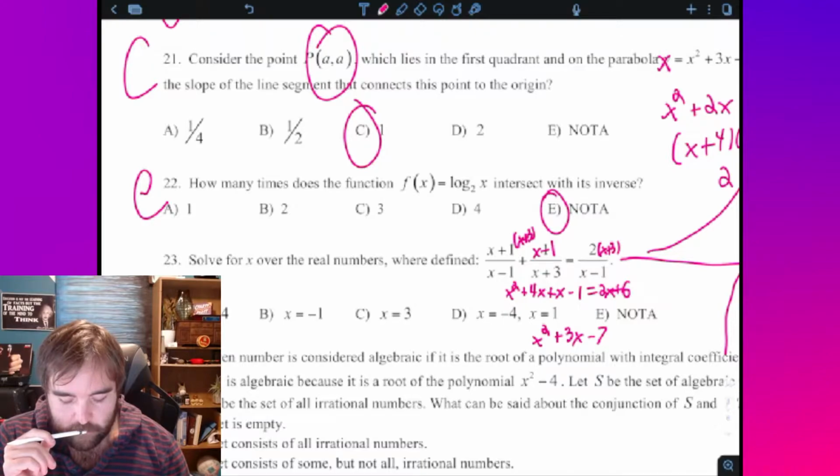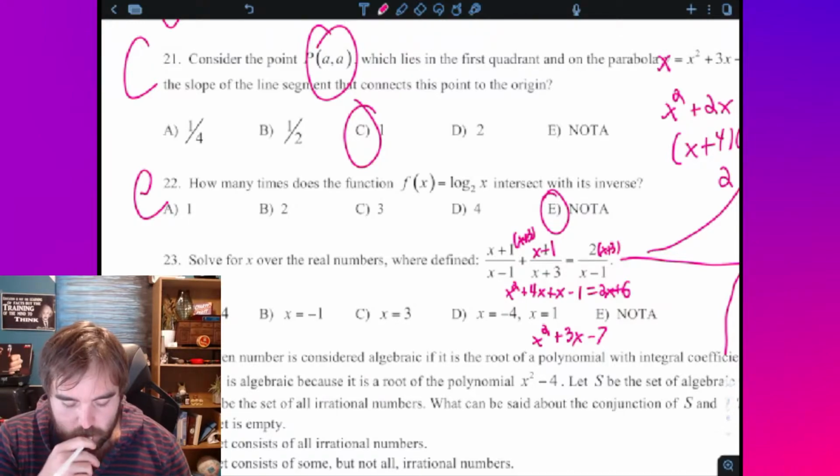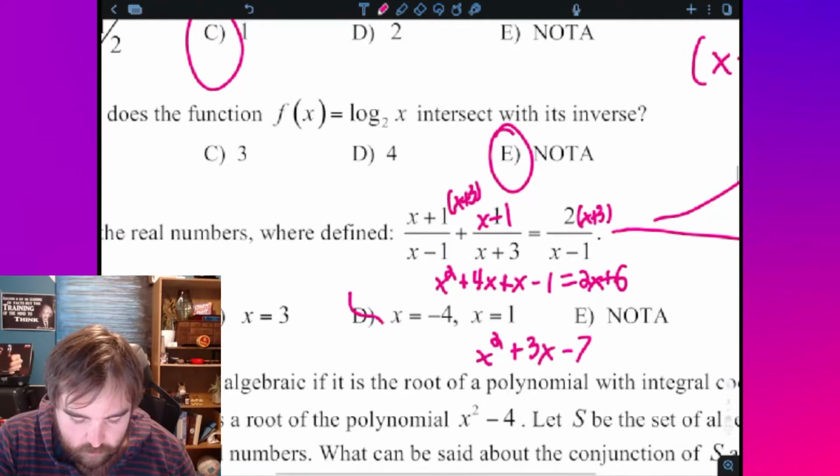We messed up somewhere, didn't we? That's gotta be right, though. Well, it can't be that because it's not defined there. Does 3 work?